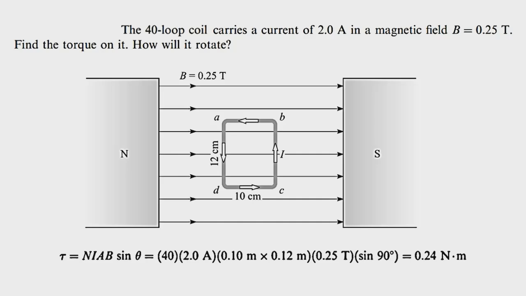Again, torque is equal to N, which is the number of loops of the coil, times the current, times the area of the loop, times B, which is the magnetic field, times sine theta, which is sine 90 degrees, where N is equal to 40 loops and I is equal to 2.0 amperes, while the area A is equal to 10 centimeters by 12 centimeters, or 0.10 meter by 0.12 meter, times B, which is equal to 0.25 Tesla, times sine 90 degrees. Torque is equal to 0.24 Newton meter.